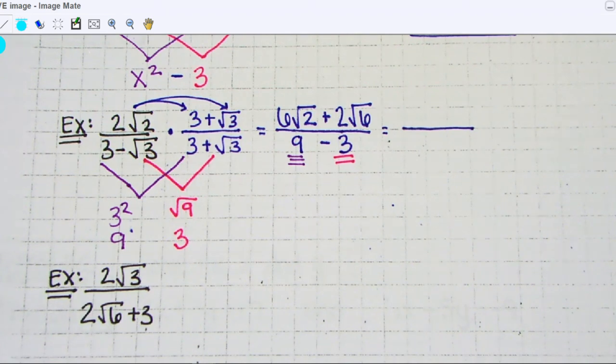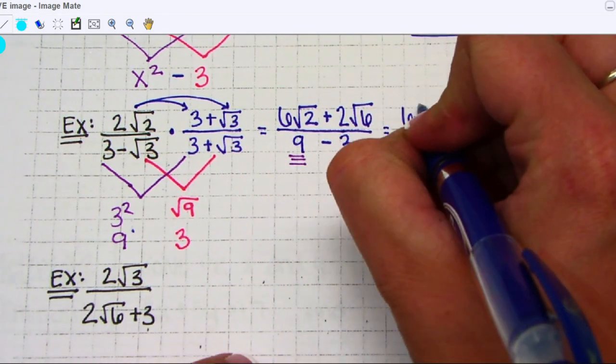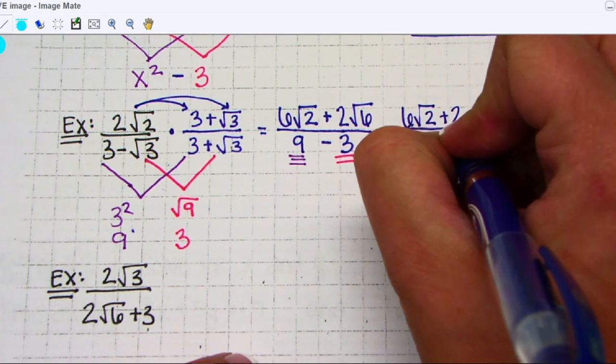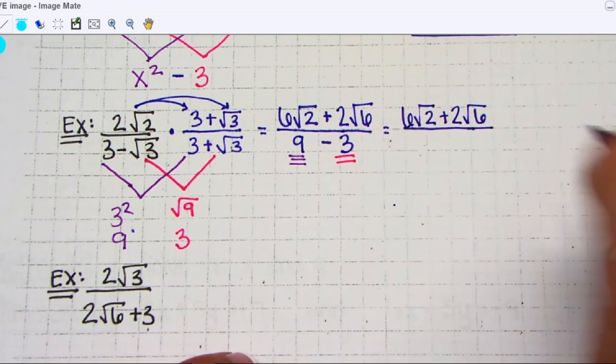What's the perfect square though? No, you can't. 4 is the only one that could go into 6 and it doesn't go evenly. And then 2, there's nothing below 2. So those are good. So I'm going to leave these as 6 square root of 2 plus 2 square root of 6. What's the bottom become?